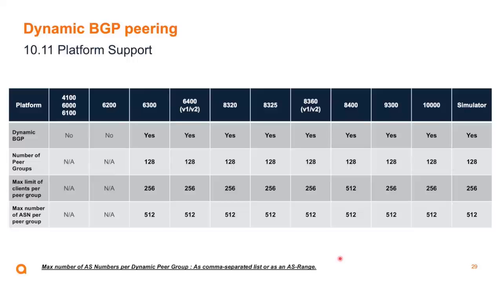You'll find here the scale of the following items: the number of dynamic peer groups that you can create, the maximum limit of clients per dynamic peer group if you don't specify a limit, and finally, the maximum number of AS numbers per dynamic peer group, using the two supported formats: a comma separated list, but also if you declare it as an AS range. So you remember the format where we can specify a start AS number and an end AS number with a dash.